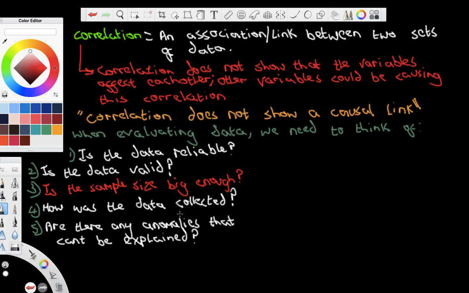Some can be explained, but not all of them. If there are anomalies that can't be explained, then the data is less reliable.